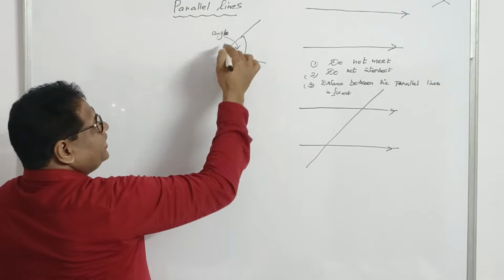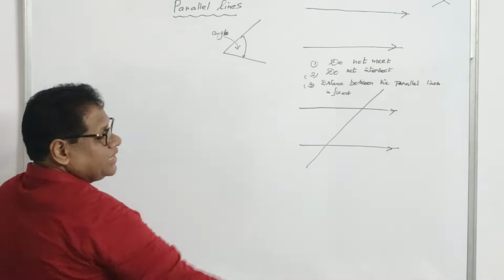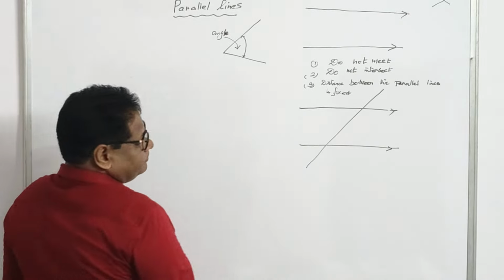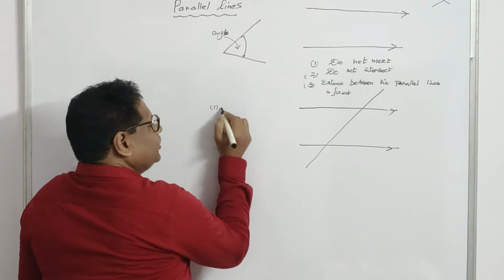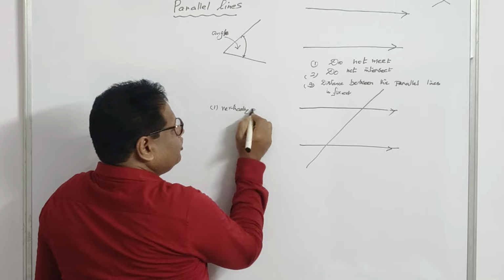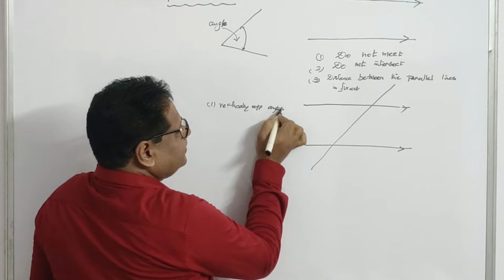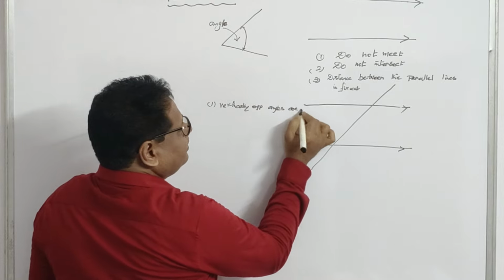Now we are discussing these angles which are observed in these parallel lines. First, vertically opposite angles are equal.